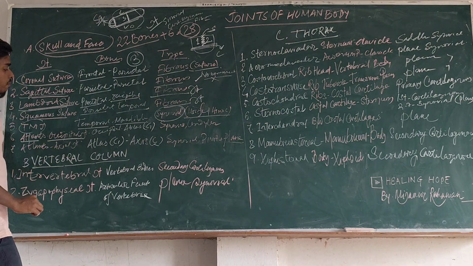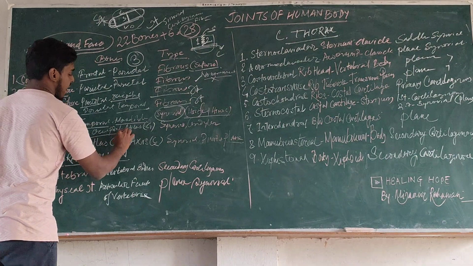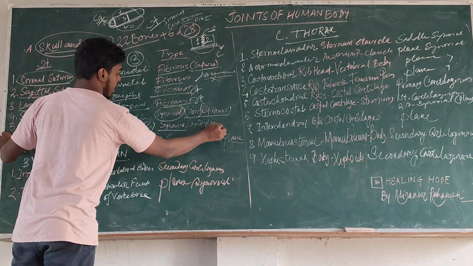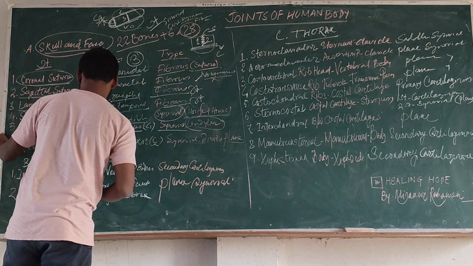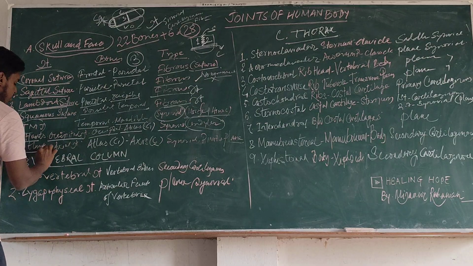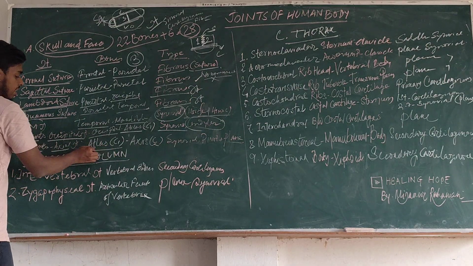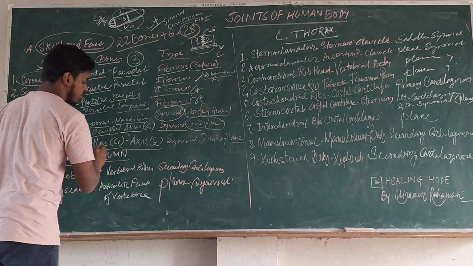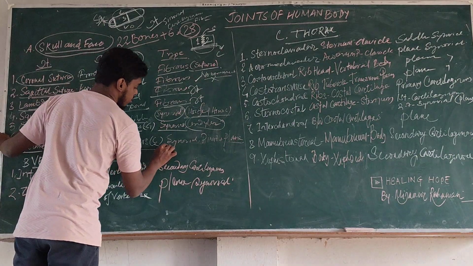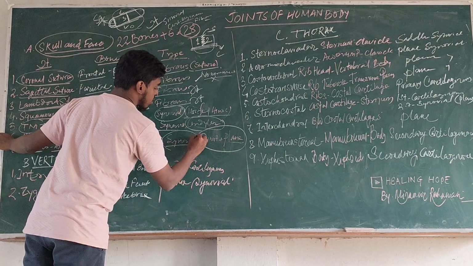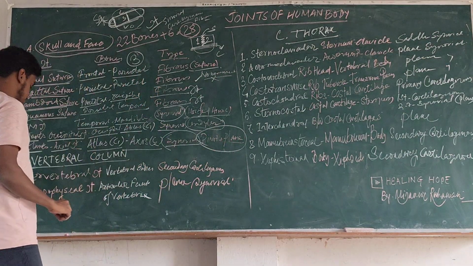This joint is formed by the occipital bone and atlas, and this is a synovial joint. Then atlanto-axial joint. This joint is formed by the atlas and the axis, and this one is known as a synovial joint, which is typically a pivot plus plane joint.